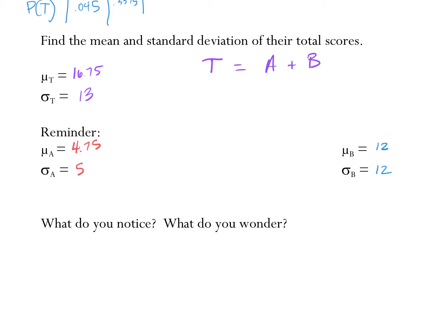So this 16.75 is the new variable. Are we comfortable with how we got there? Yeah, you could just do 4.75 plus 12, and that equals our new mean. Lovely.